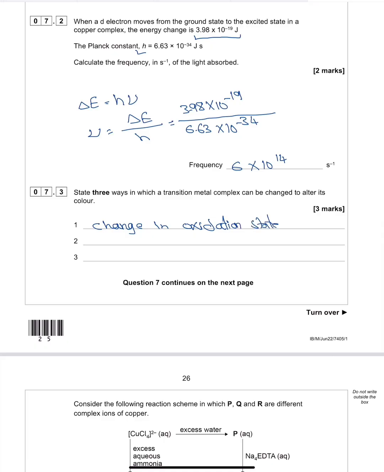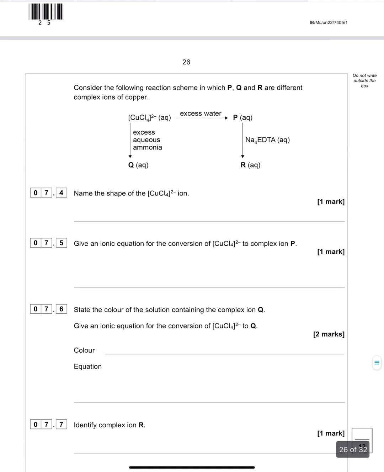So if you change the oxidation state of the metal, the color of the complex will change. Or if you change the coordination number, or finally, if you change the ligand. All of these changes will change the color of the complex.